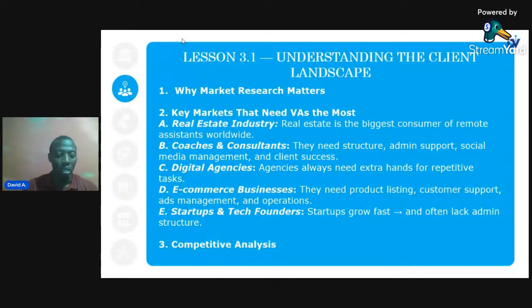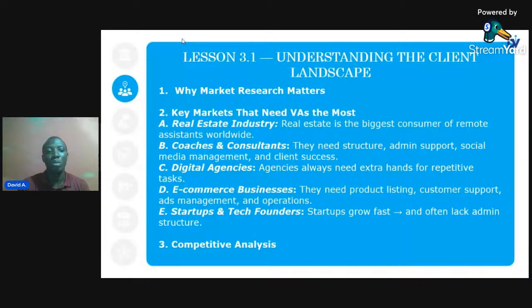A good example would be marketing agencies, branding agencies, recruitment agencies as well, SEO agencies, web design agencies. All of these agencies, they need extra hands for repetitive tasks. There is always the need for remote professionals in this category.